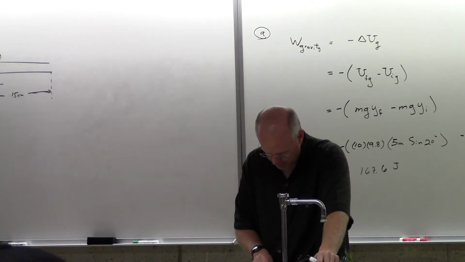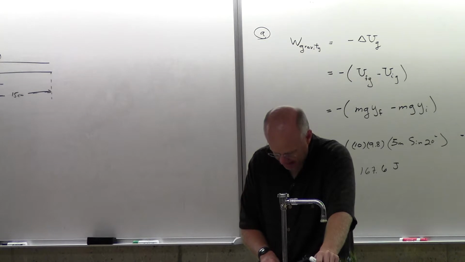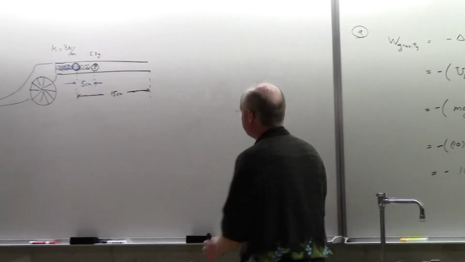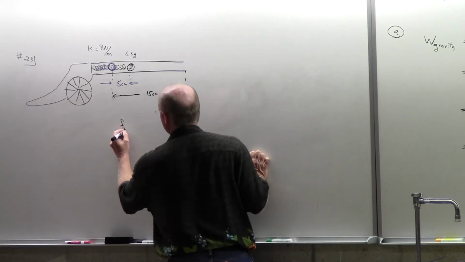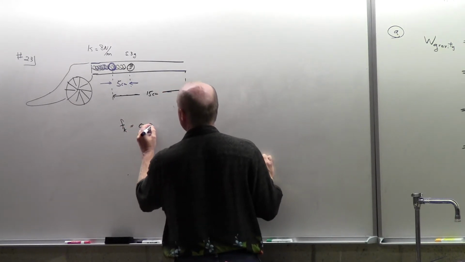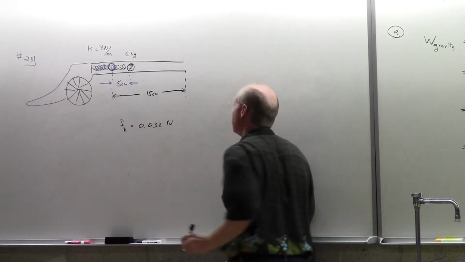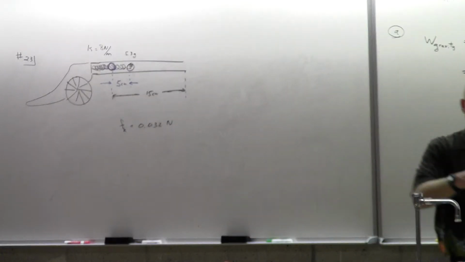It moves 15 through the horizontal barrel of the cannon, and the barrel exerts a constant frictional force. So there is a constant frictional force of 0.032 newtons.